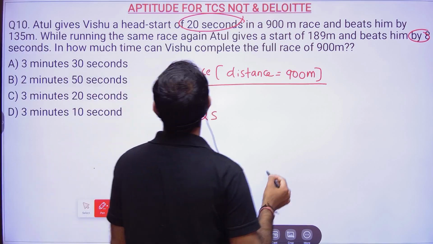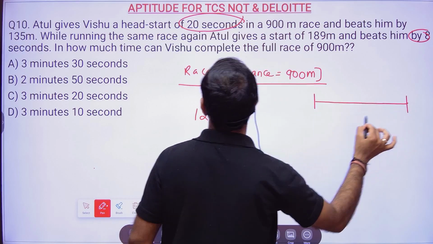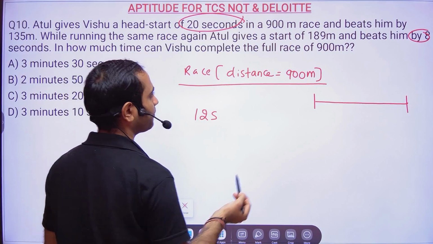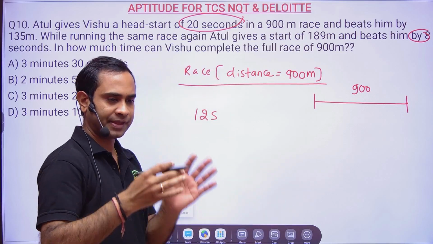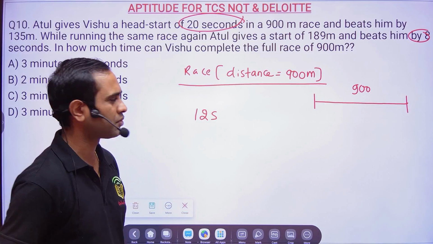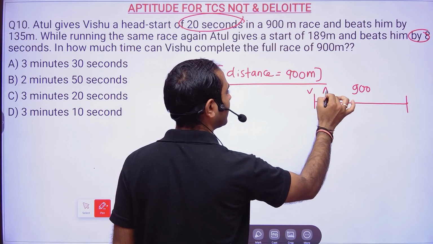See, basically head start means what is happening, Atul, right? So Atul gives Vishu a head start of 20 seconds. So one person is starting at 9, another person is starting at 9:20. Okay, so if Vishu is starting at 9, then Atul is starting at 9:20.